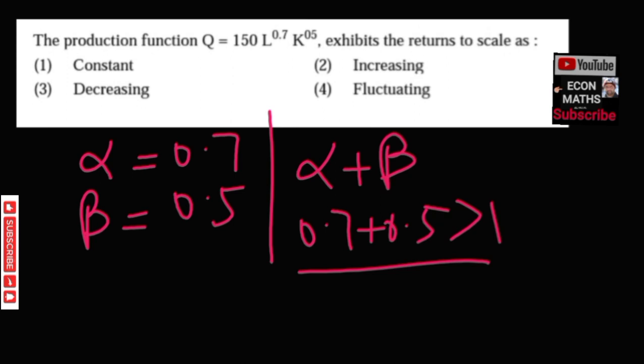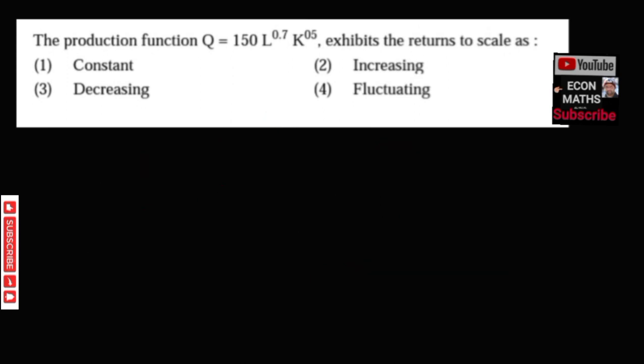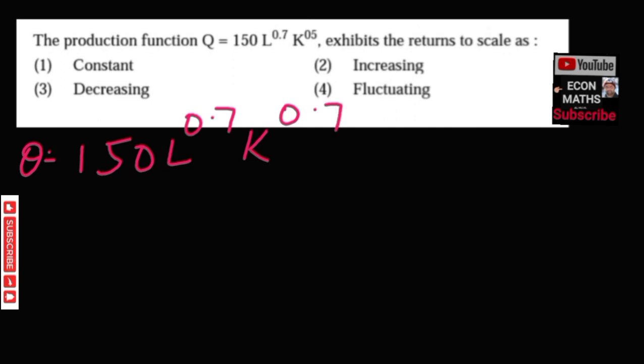And here one important thing I want to make clear to you: the exponents have their own meaning. I will write this production function first. Q is equal to 150, L to the power 0.7, and K to the power 0.5. Now what does this 0.7 mean?